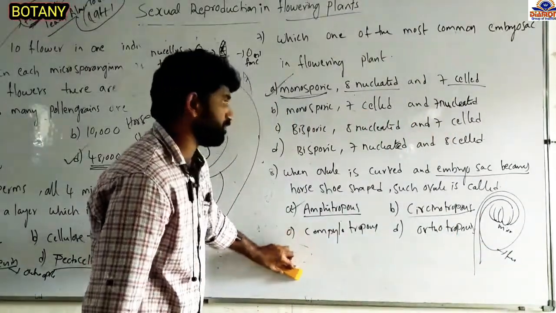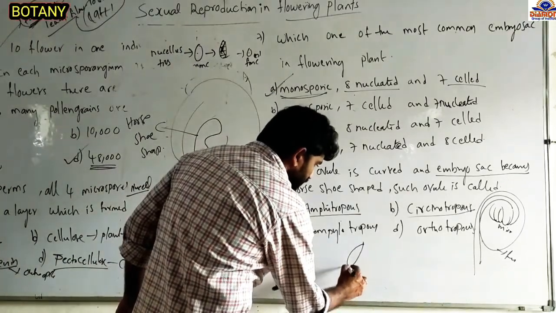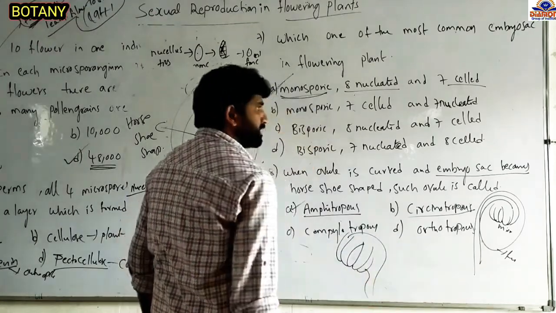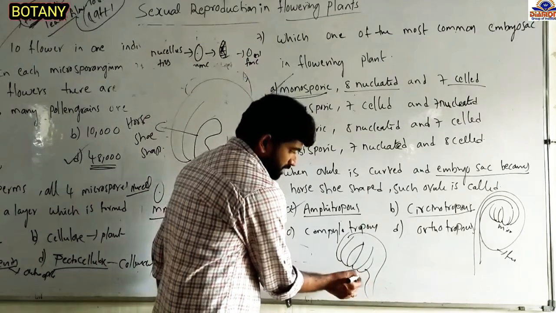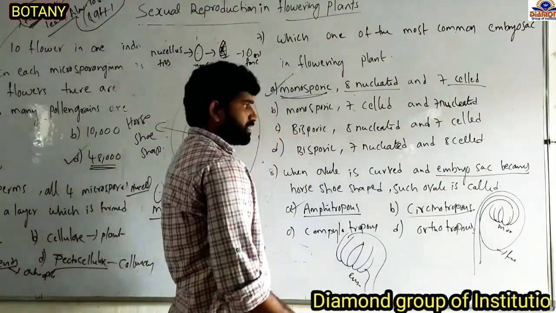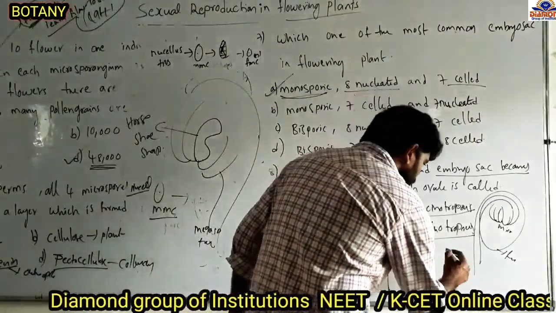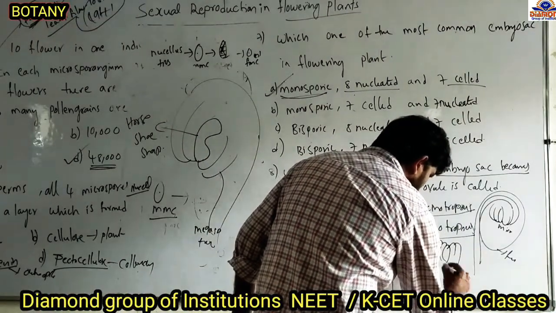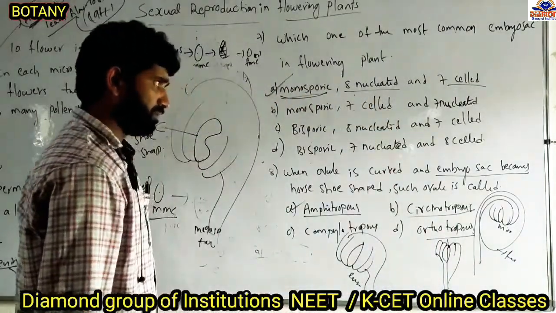And campylotropous ovule means here the ovular body will be curved, near to the funicle and the micropyle, and a short distance will be present. So this we call a campylotropous ovule. Orthotropous ovule: the ovular body, micropyle and funicle are all present in the same radius. This is called an orthotropous ovule.